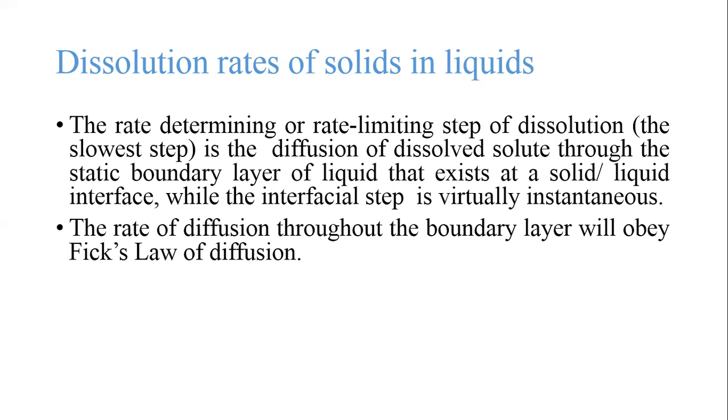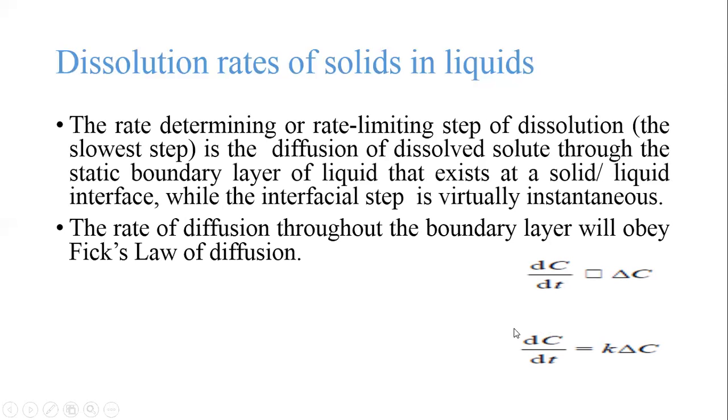The rate of diffusion throughout the boundary layer will obey Fick's law of diffusion. Fick's law of diffusion states that the rate of change of concentration with time is directly proportional to the difference in concentration between the two sides of the boundary layer.